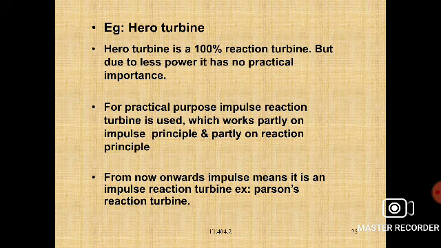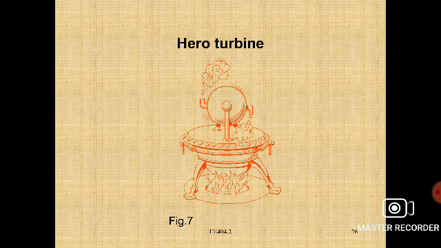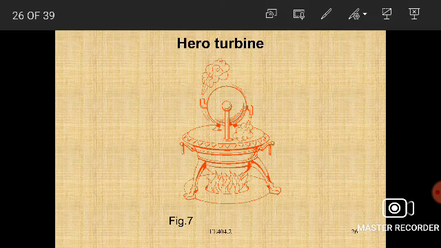An example is the Parsons reaction turbine. The Hero turbine is the example for the reaction turbine, where steam supplied into a round circular ball is discharged outside through both sides.